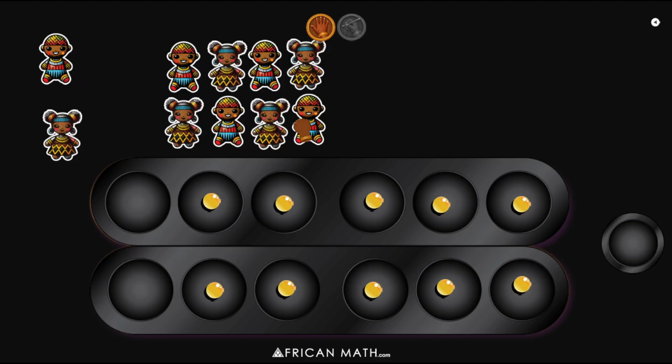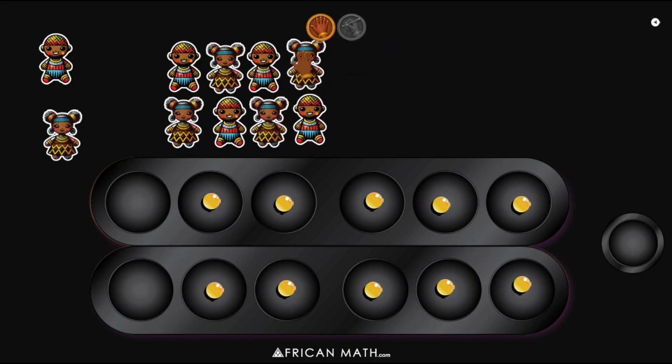After 7, we have a quantity of 8. Counting on from 2, counting by 2s, you're going to count 2, 4, 6, 8. To count by 2s is very easy. Just count one number aloud and count the other number silent.